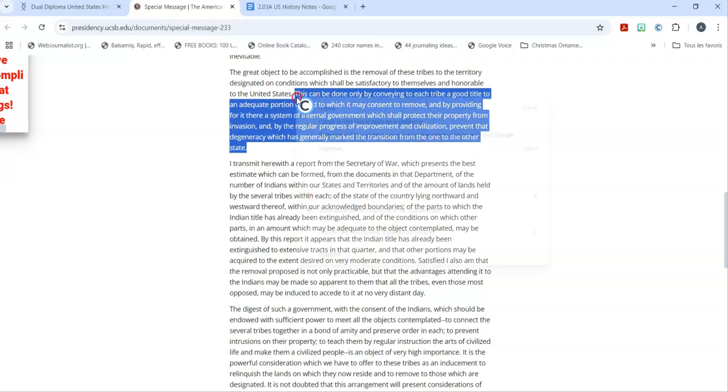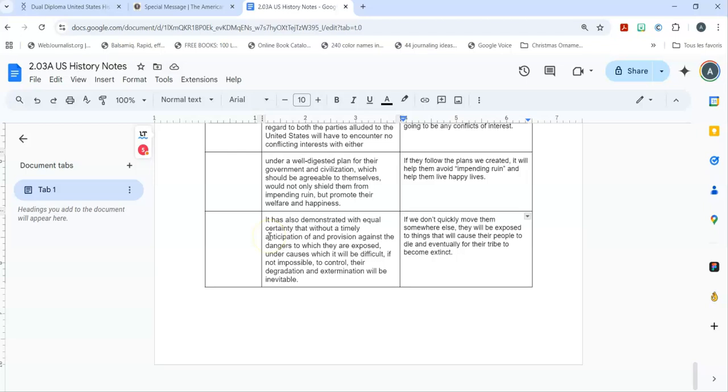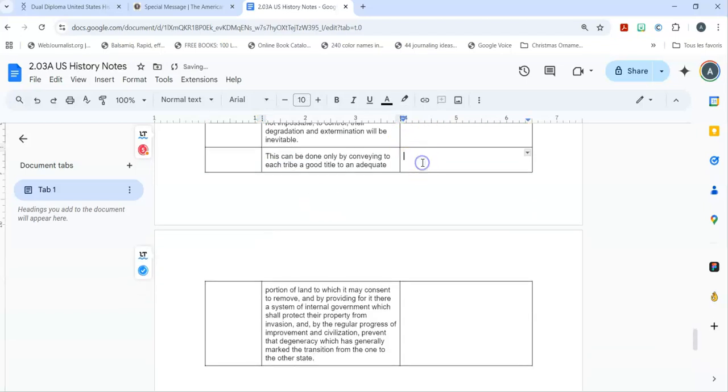So he's saying we need to give them an adequate piece of land, and they need to be able to consent to moving there. We need to provide an adequate piece of land to them, and we should help them establish an internal government to protect them from invasion.